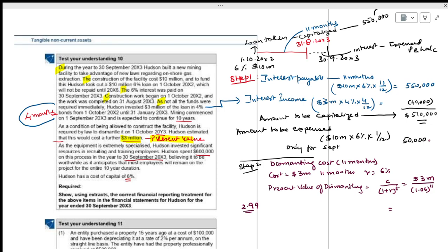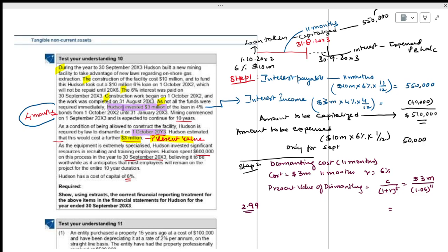See the things. Hudson invested 3 million. Mining commenced. As a condition, Hudson is required by law to dismantle it on 1st October 2003.